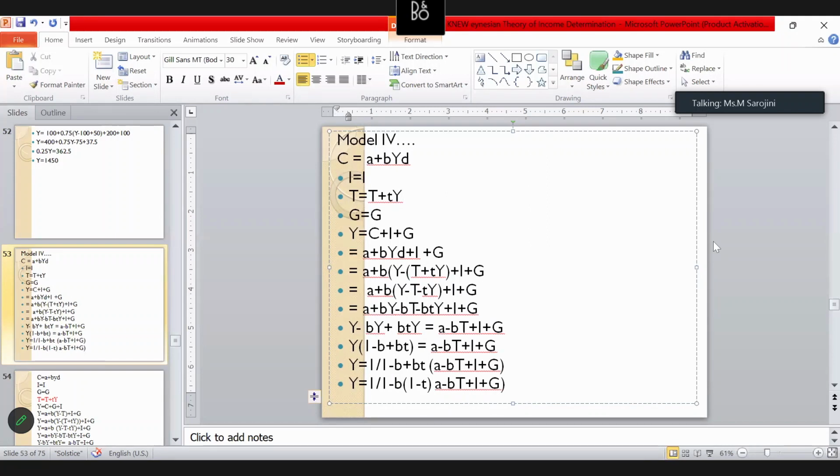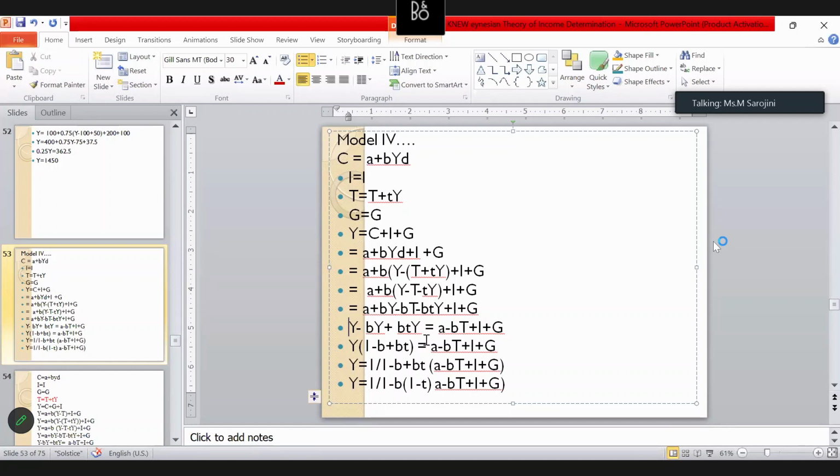Now, you can take all the Y's to the other side. Here, the Y minus BY. Here, the plus BY, therefore it's coming with the minus sign, BY. Plus BTY, that is equal to the balance part: A minus BT plus I plus G.